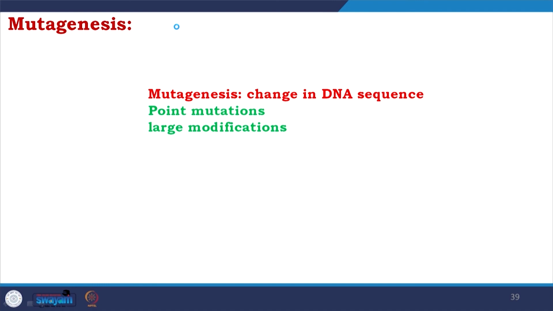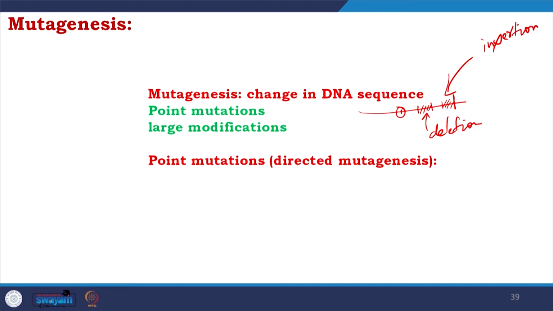I talked about them while discussing protein structure. So, this is a point mutation if you want to cut this part. This is deletion. If you want to incorporate an extra part, this is insertion. In that way, large modifications could be done.